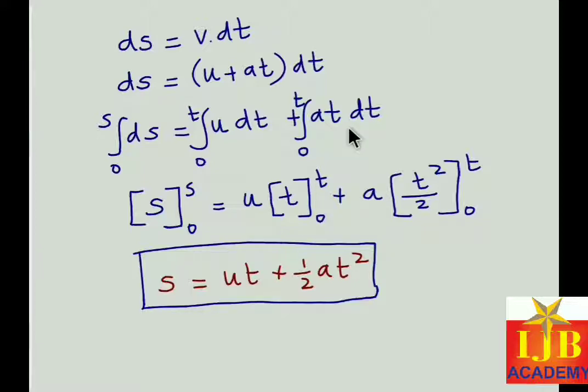I have to integrate t dt, and the integral of x to the power n dx is x to the power n plus 1 by n plus 1. So the integral of t dt will become t squared by 2, and the limits are from 0 to t. The lower limit is 0, so I need not consider it, and I only have to write the upper limit. So s is equal to ut plus half at squared, and this is the second equation of motion.